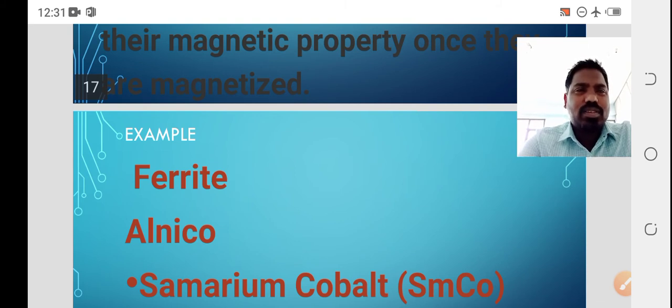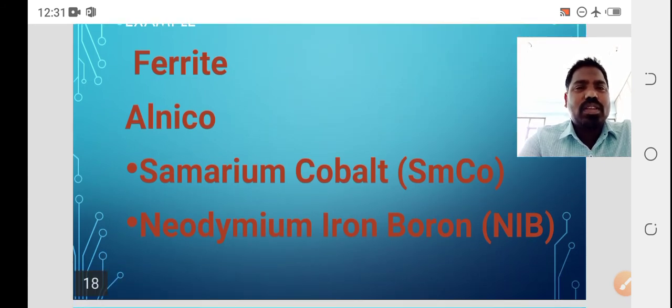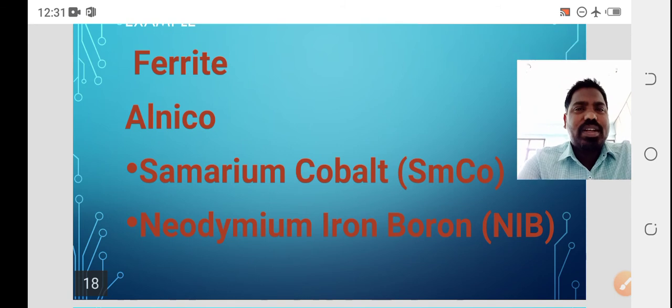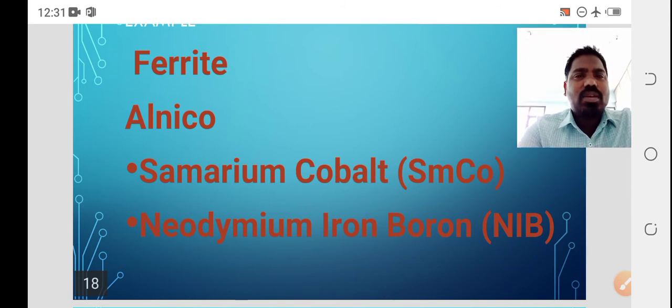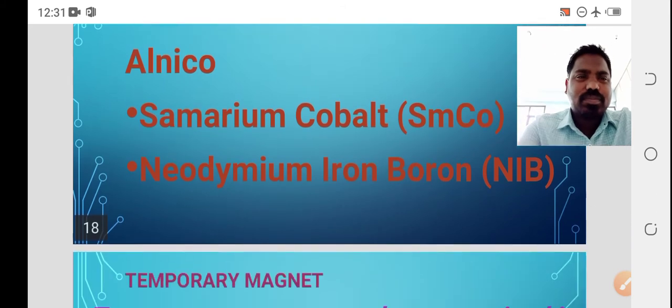Samarium cobalt, a rare earth element. Neodymium iron boron, neodymium also being a rare earth metal. These are a few examples of permanent magnets.